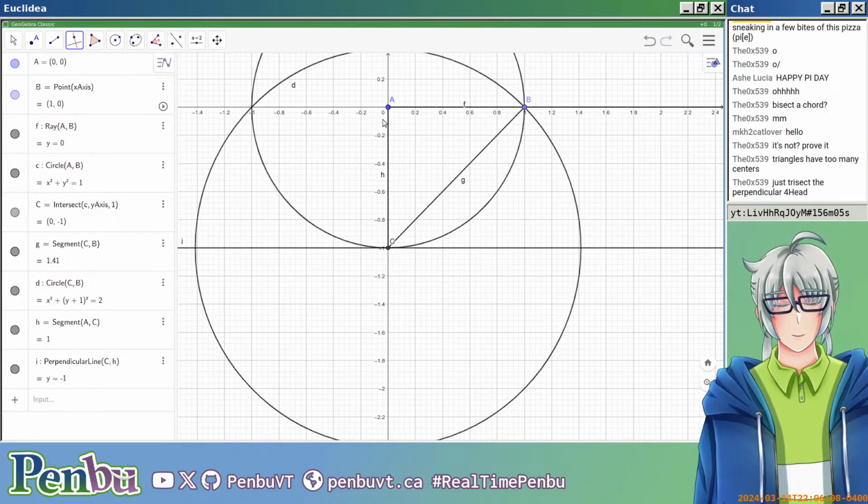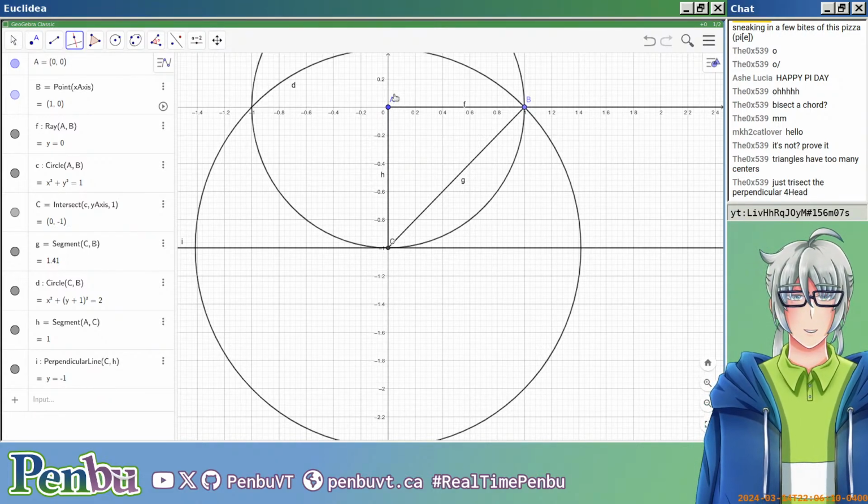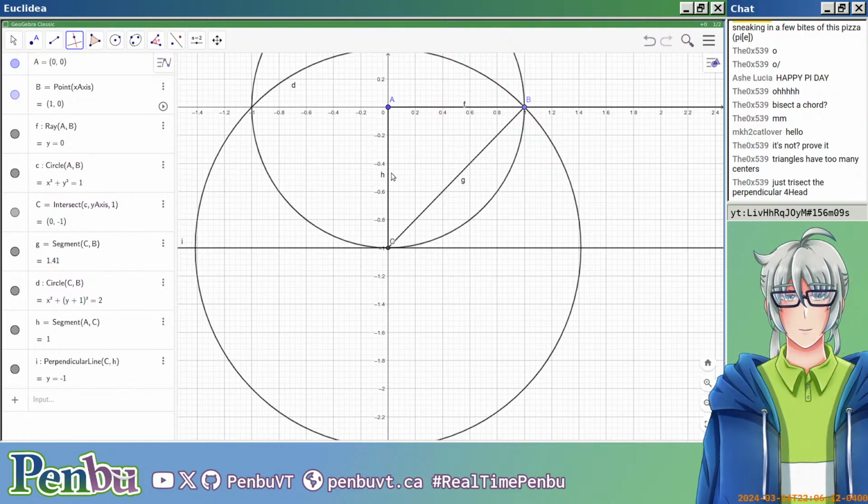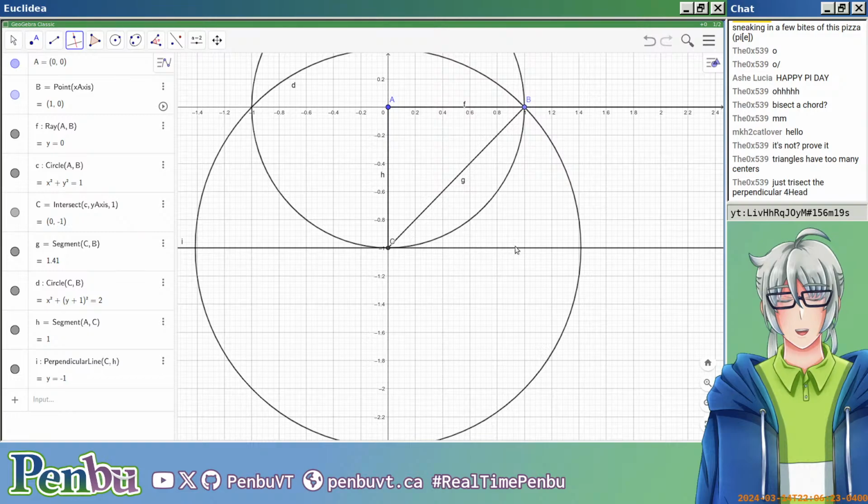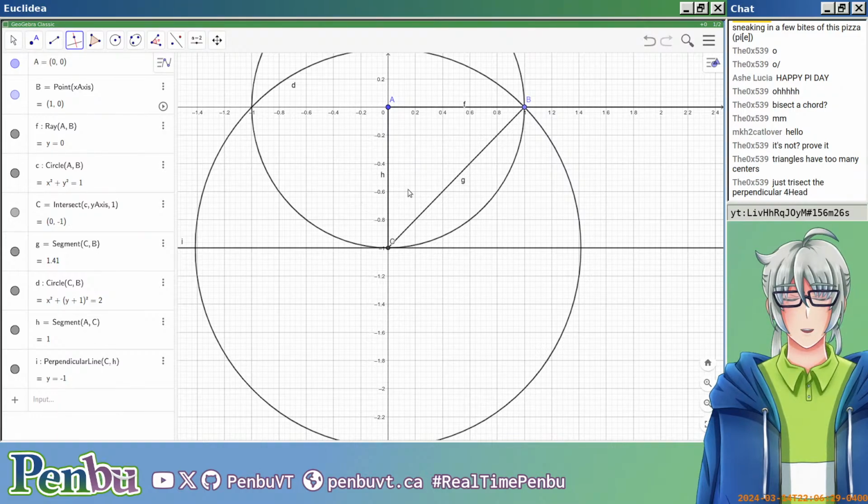Here. And so, in effect, what we did was we created a triangle. This is AC. This is one side with length 1, and one side with length square root of 2, because this circle is square root of 2, and this circle is 1. So we created a right triangle.